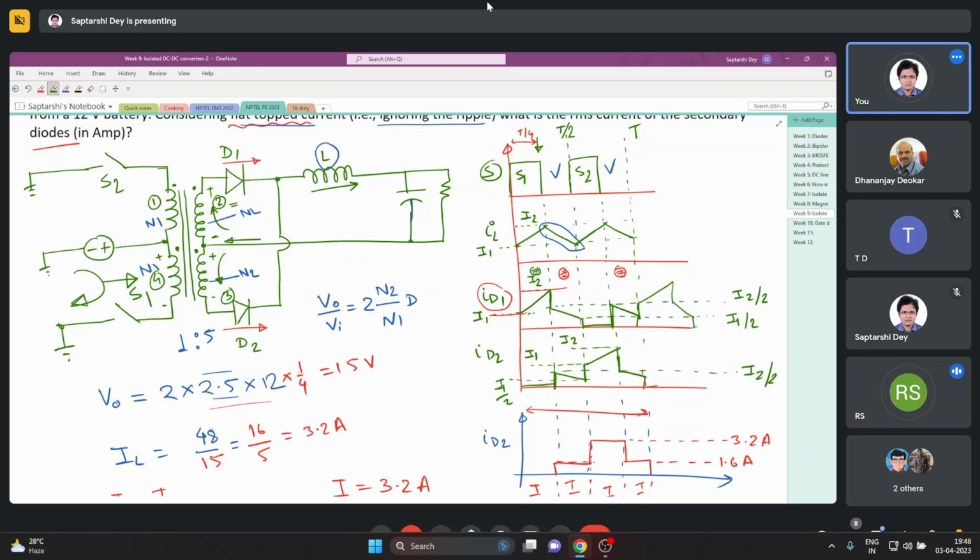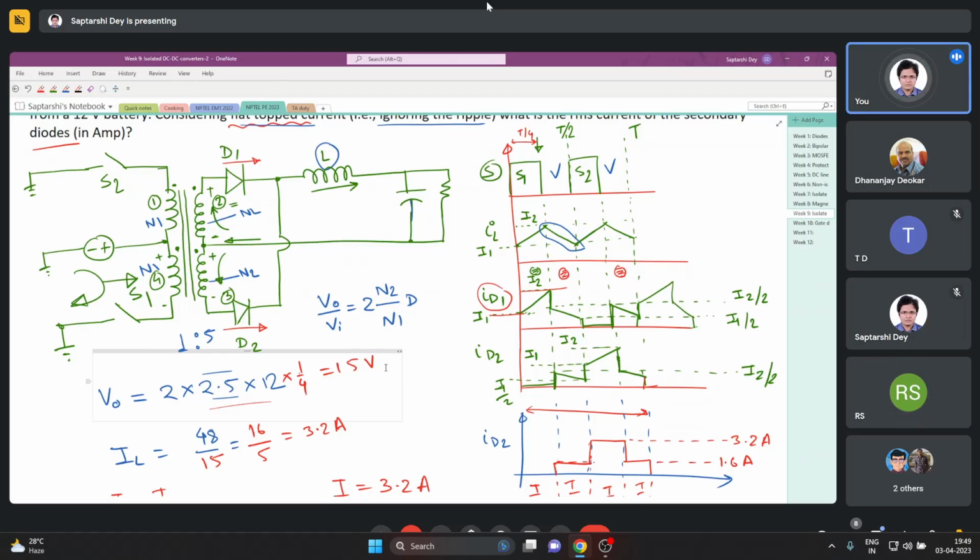Sir, on the primary side, if we want to draw the magnetizing inductance, how to draw that, sir? Do you want to? Yes, I was thinking, but see, when we say magnetizing inductance for any transformer, when you draw the equivalent circuit and all that, we draw the magnetizing inductance referred to one side, right?